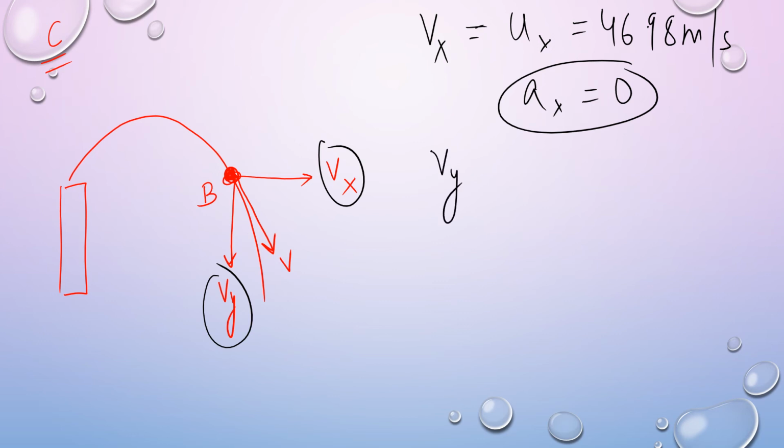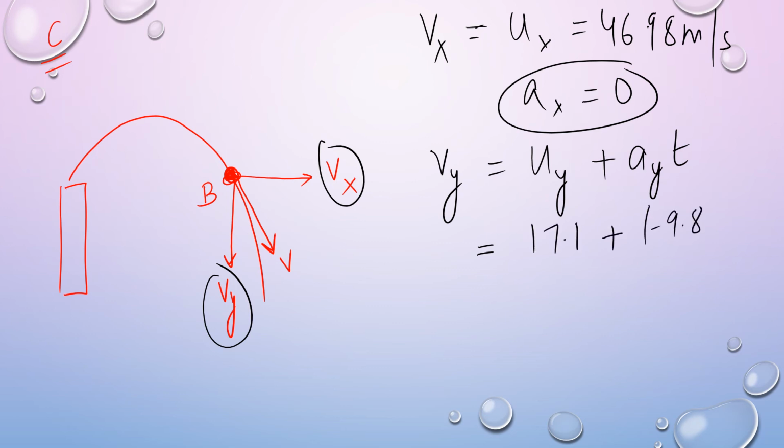Now I'm going to work out the vertical component, which is Vy equals Uy plus Ay t. Now Uy is 17.1 plus negative 9.8, and time after which I have to find this component is 2 seconds. Now on solving this, I'm going to get the answer as negative 2.5 meters per second. Now why is this negative?